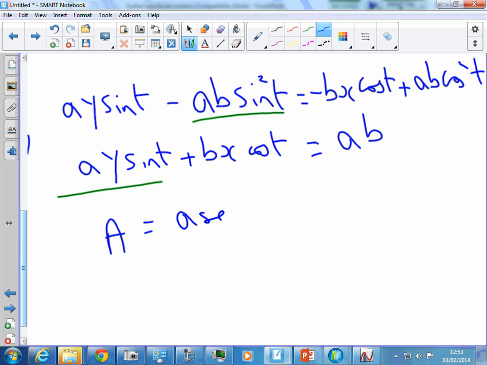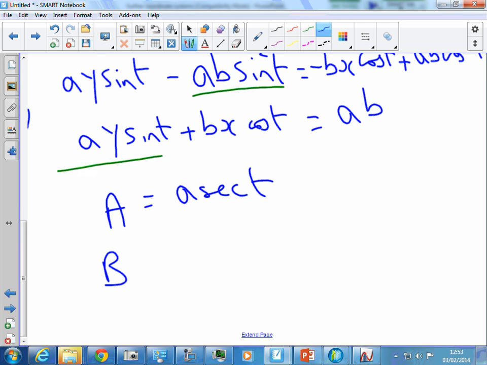So it's a sec t. Is that right? And what is B equal to when x is 0?